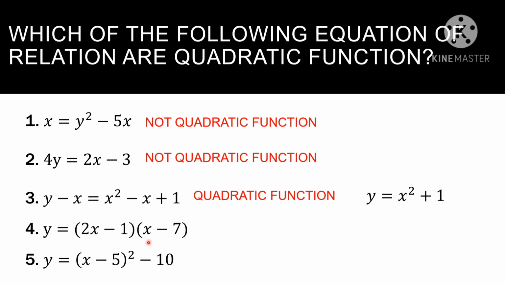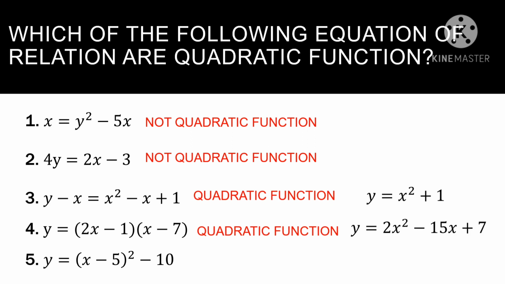This is an indicated product. So let's find out. If we multiply, we will come up with quadratic expressions, where the highest exponent of x is 2. So this is still a quadratic function, because when we expand 2x minus 1 and x minus 7, we will come up with y equals 2x squared minus 15x plus 7.